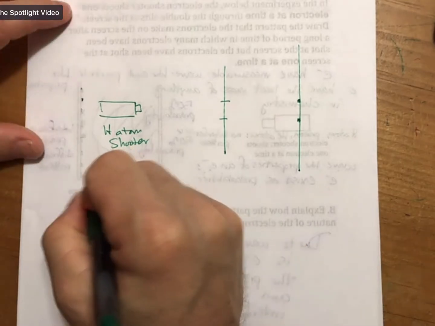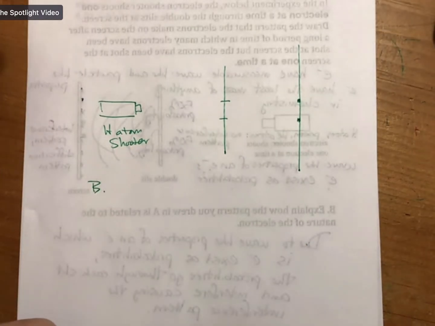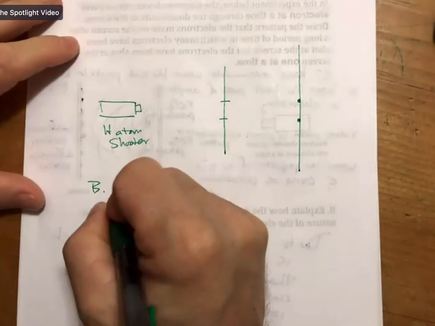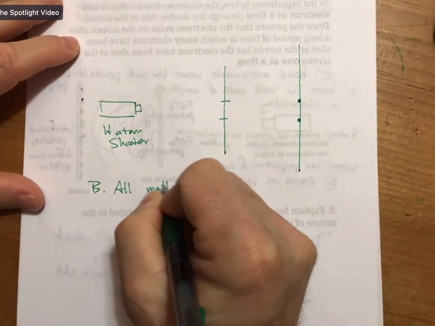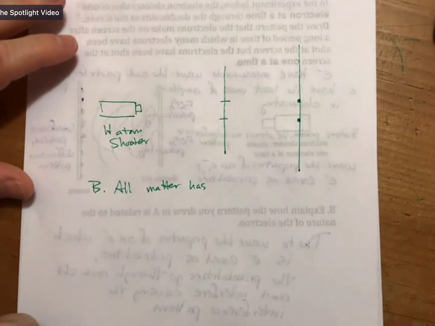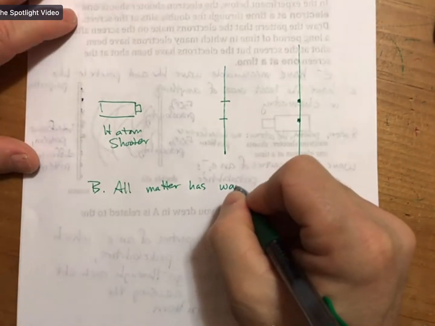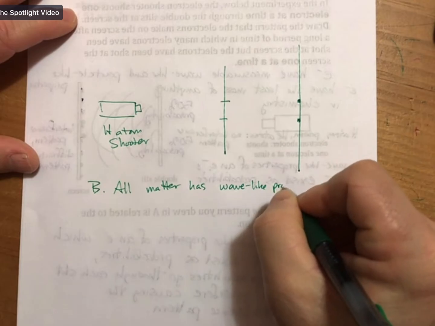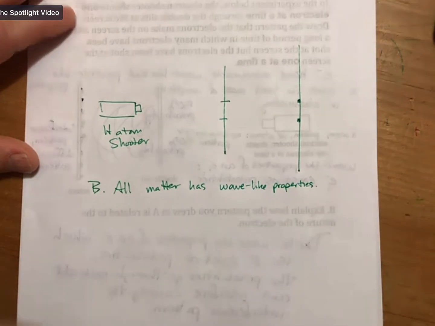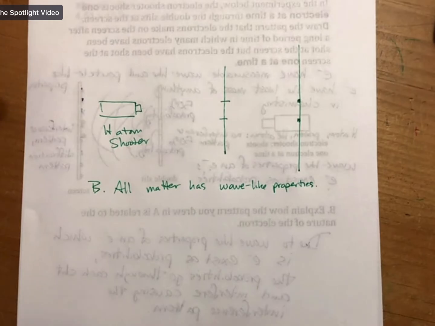And then part B, and I think I'm going to give a more complete answer here. So first off, all matter has wave-like properties. And if you remember on the other side, I said that for electrons, the wave-like properties are measurable, which is another way of saying observable.